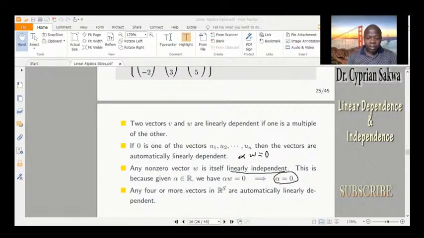Now, dealing with R3, if you're given more than 3 vectors, then those vectors are automatically linearly dependent.